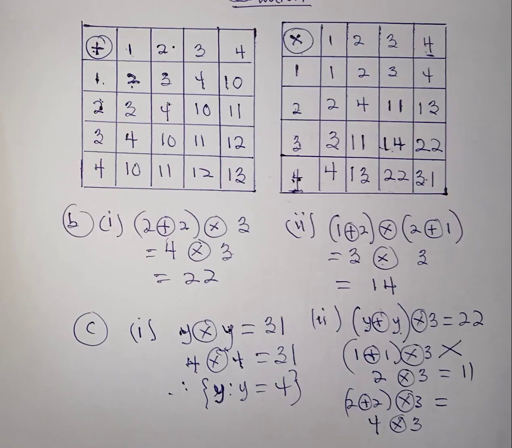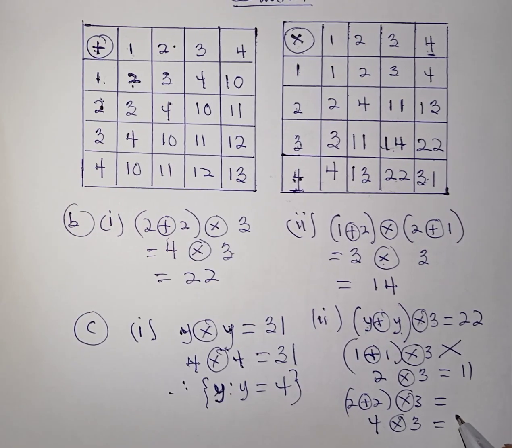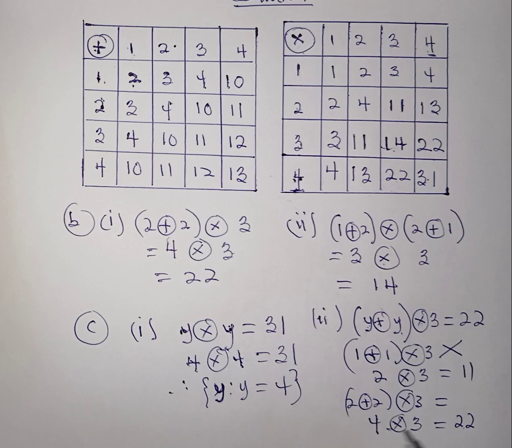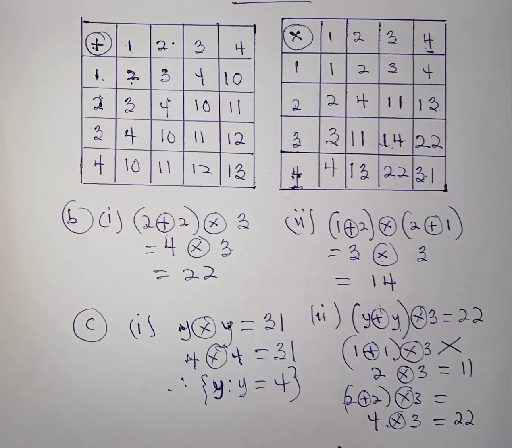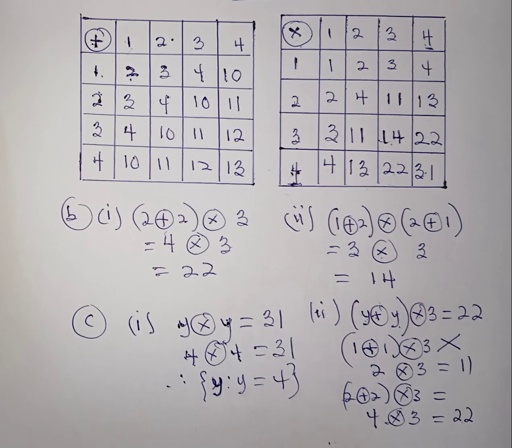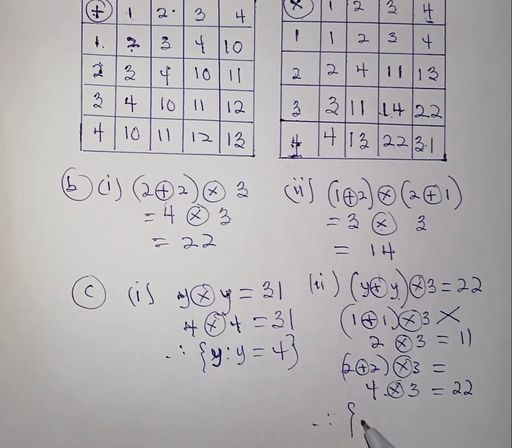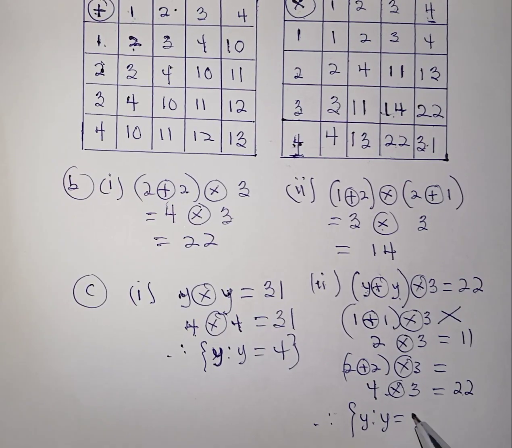So you trace it, and you realize that it is 22. So it means that this satisfies 22. So what value did we pick? We picked 2. Since we picked 2, we can conclude that therefore the truth set, so y is such that y is equal to 2.